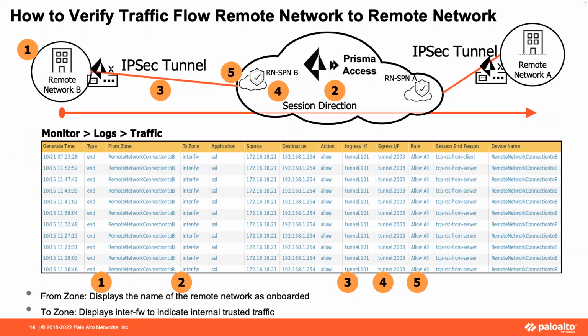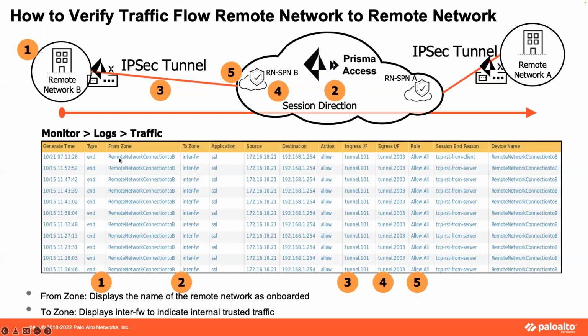When you look at the traffic logs, interpreting Prisma Access traffic is a bit different than it is with an on-premise firewall. Usually you look at the from zone and the to zone, and you see, oh, it's going from zone A to zone B. And you have the rule it hits, the app ID, whether it's an allow or deny or whatever. But let's take a look at how we represent this within Prisma Access.